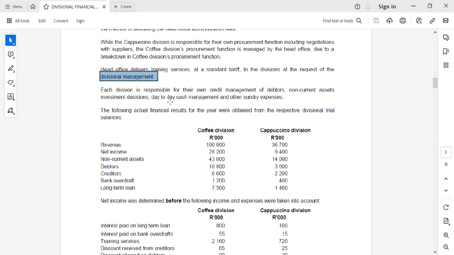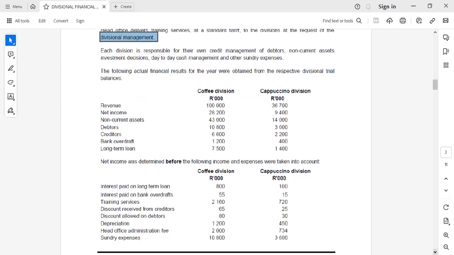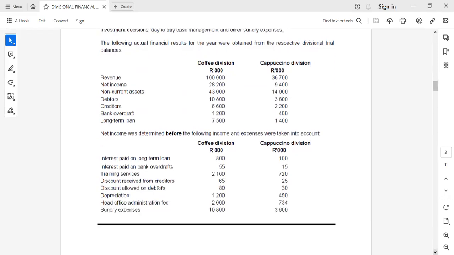They control that, right? Then the following actual financial results for the AO were obtained from the respective divisional trial balances. We're given revenue, net income, non-current assets, debtors, creditors, bank overdraft, long-term loan. Net income was determined before the following income and expenses were taken into account, right?